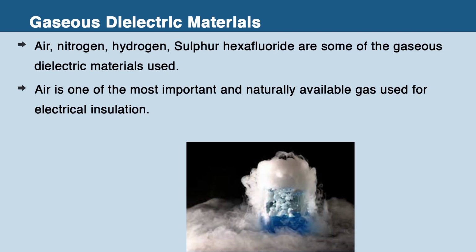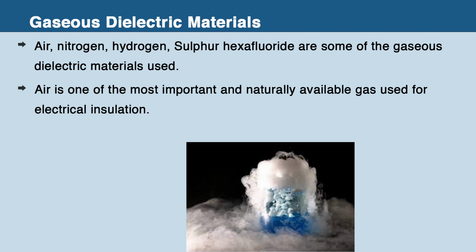Gaseous dielectric material: air, nitrogen, hydrogen are some of the gaseous dielectric materials. Air is one of the most important and naturally available gases used for electrical insulation. Its resistivity is infinity under normal conditions when there is no ionization.